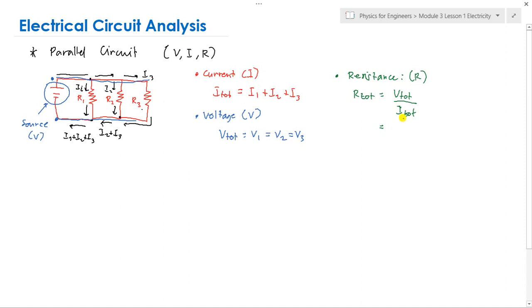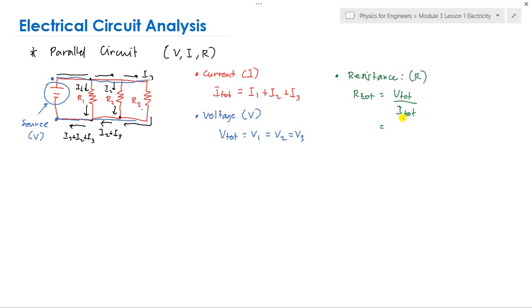And we all know that the total current is equal to I1 plus I2 plus I3.